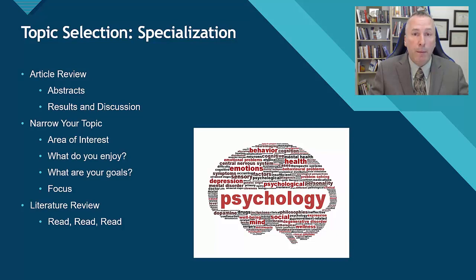Narrowing your topic, again, also consider something that you're interested in. This is kind of a basic thing to consider. However, you should be very interested in your topic. If you are not, particularly if you are performing research on a topic, it can be very challenging. You can be working on that subject matter for a long time, so you want to choose something that you're interested in.